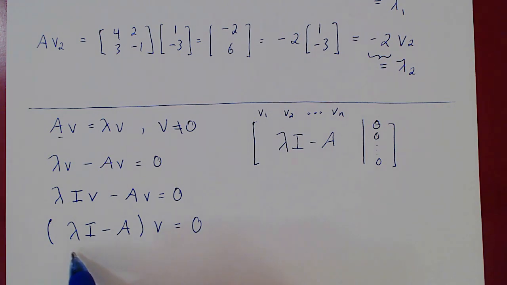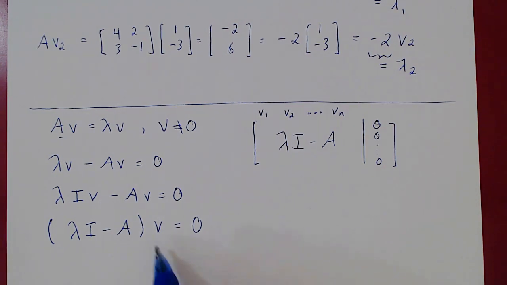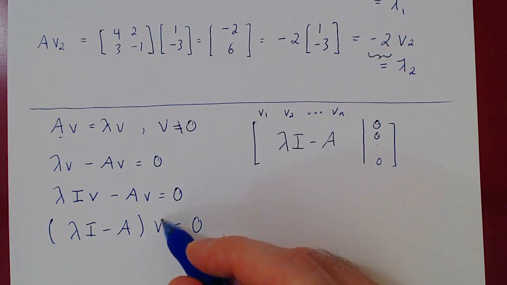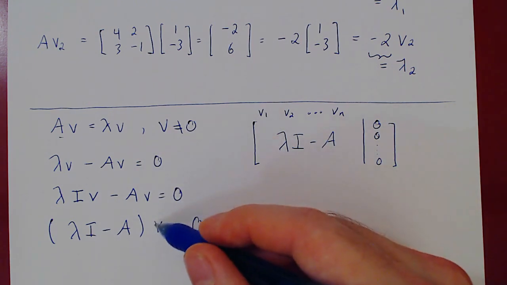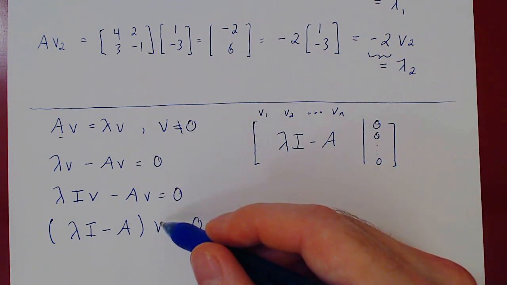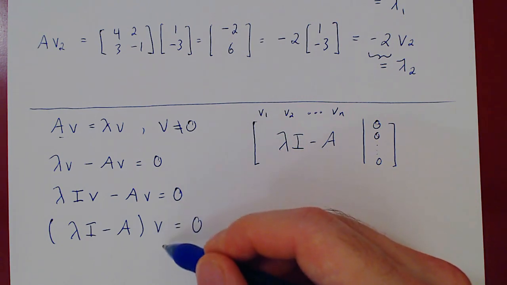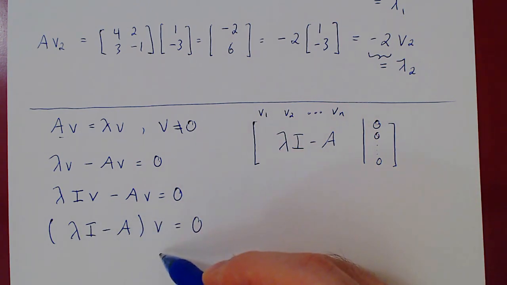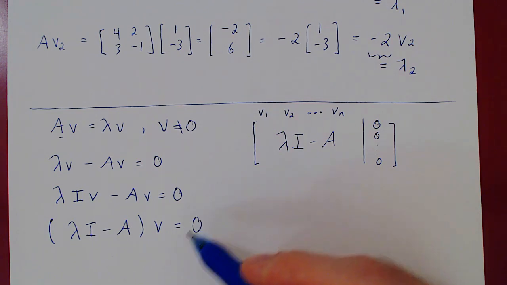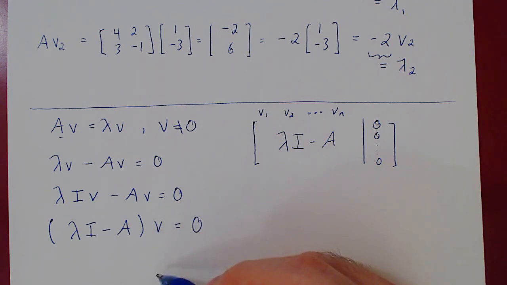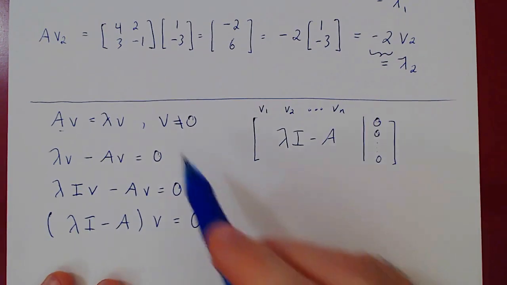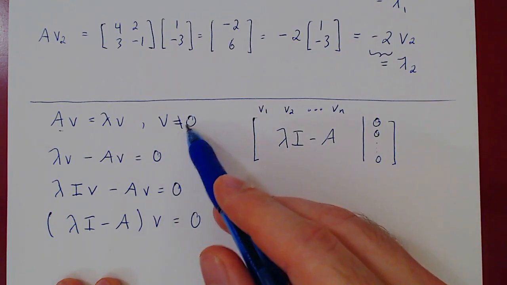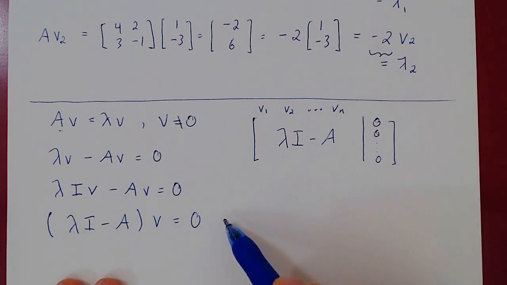The question is, how do we find the values for lambda? Look at this linear system. The vector v must be a non-zero vector. If you set v to be the zero vector, this matrix times the zero vector equals the zero vector. So the zero vector is a solution, and if we are looking for eigenvectors, there must be another, non-zero solution.